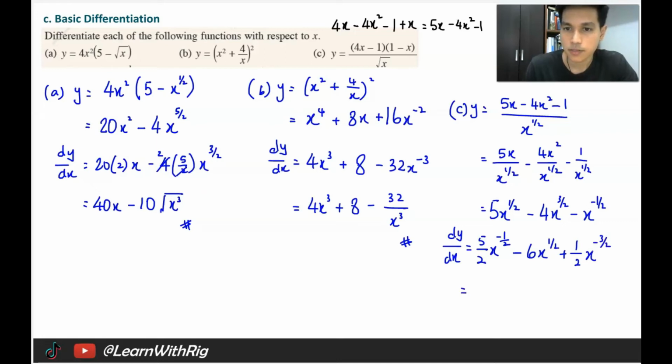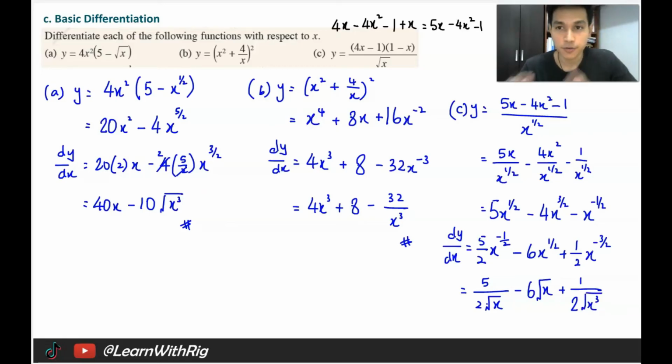So you write this, you will get 5 over 2 square root x minus 6 square root x plus 1 over 2 square root x cubed.